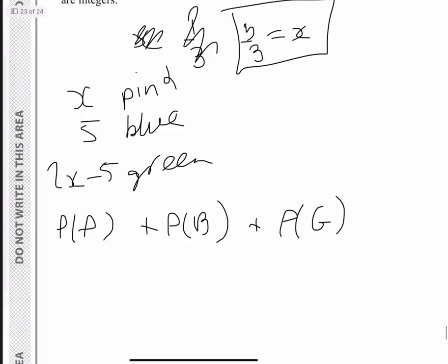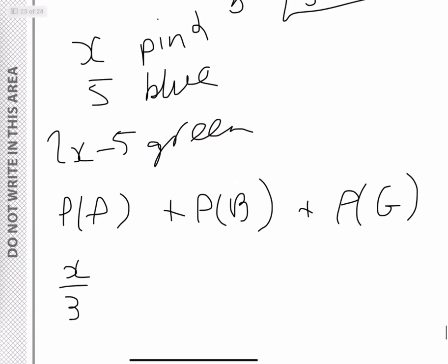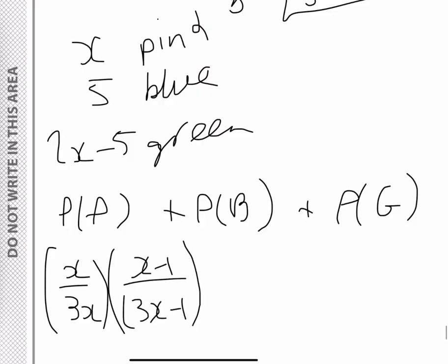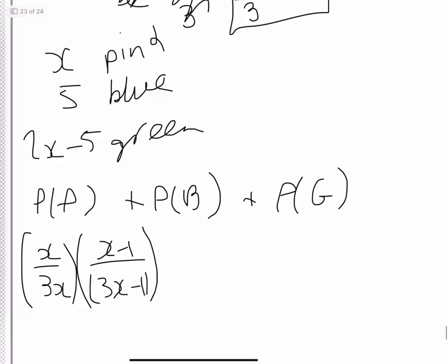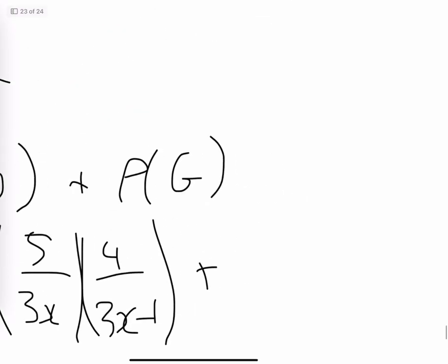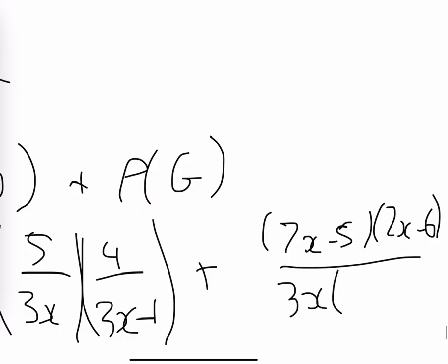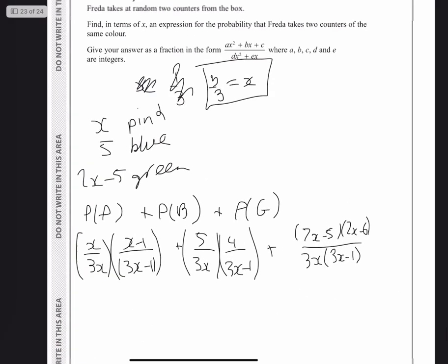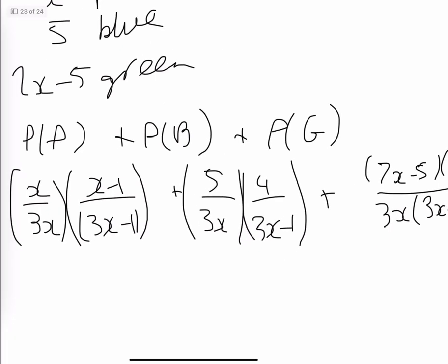So the p of pink is x over 3x times x minus 1 over 3x minus 1. The p of blue would be 5 over 3x, and then 4 over 3x minus 1, plus p of green, which is 2x minus 5, 2x minus 6, over 3x, 3x minus 1.